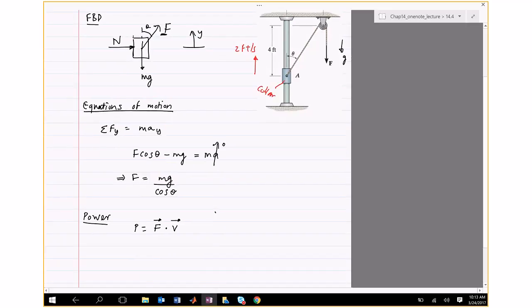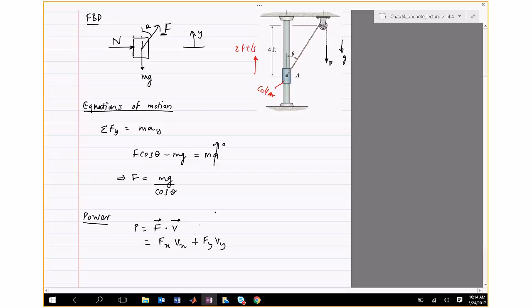I can write F as a vector and then take the dot product, or I could just find the components in the x direction in F dot V and the components in the y direction and then sum them up. That might be easier. So I find Fx Vx plus Fy Vy.